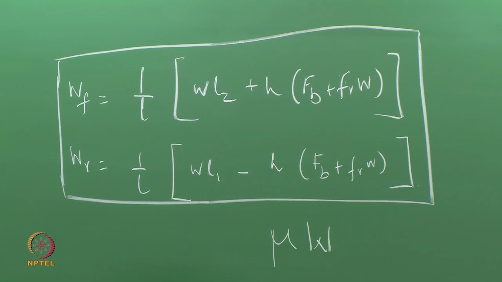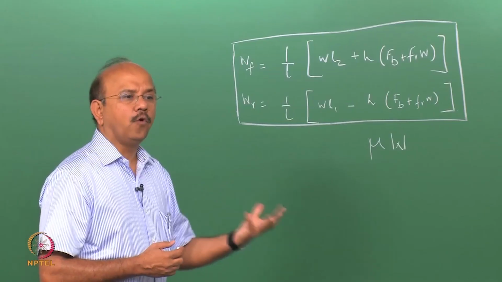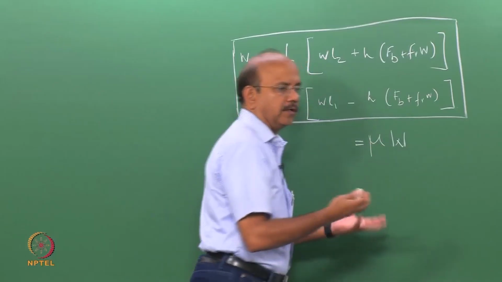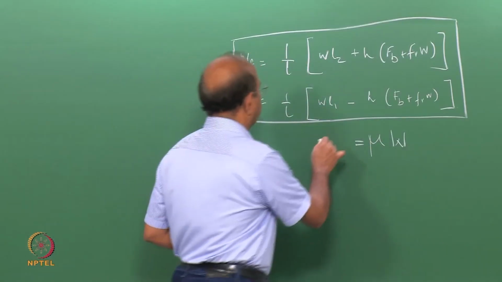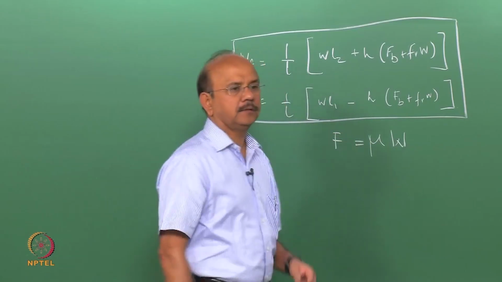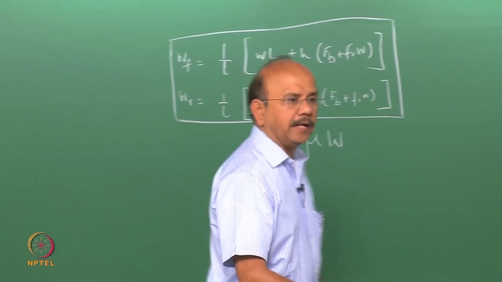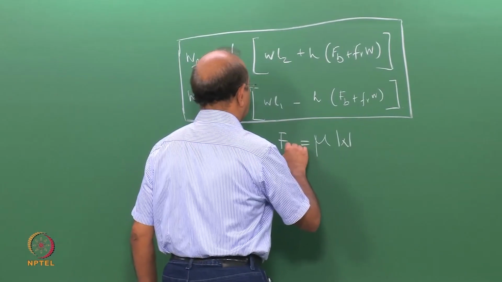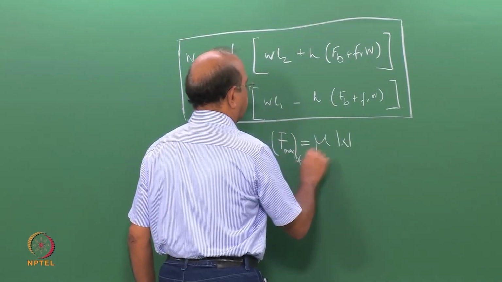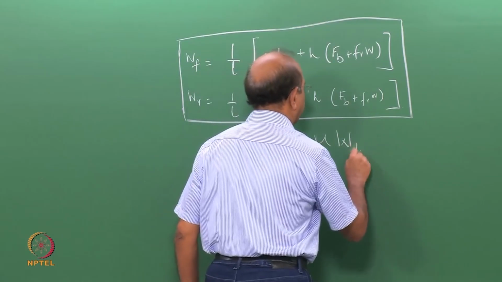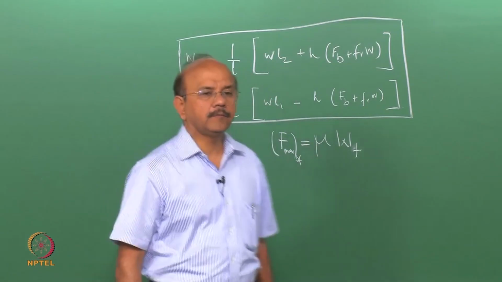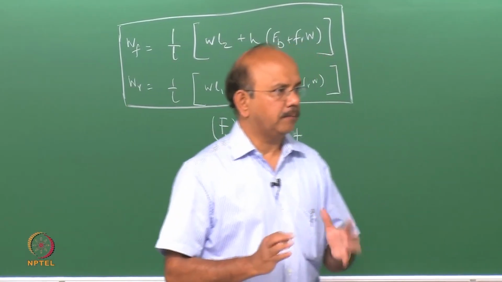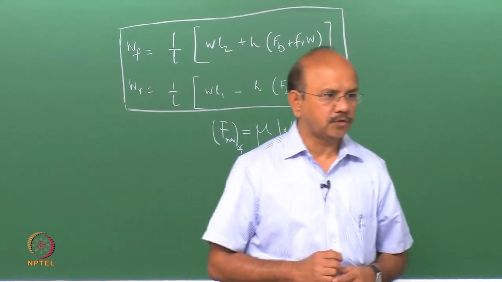In other words, the maximum force that any tire, front or rear, can take is given by this condition. We can put that the maximum braking force in the front is given by mu WF, and at the rear by mu WR. This is where approximately we stopped.